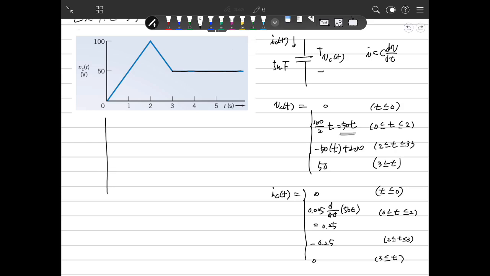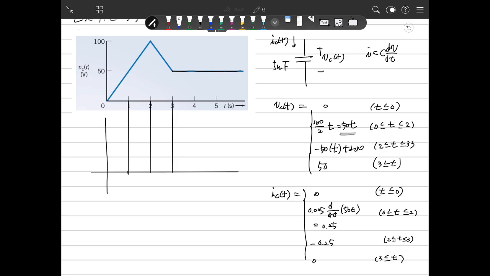Then it's 1, 2, 3. And then we can do that.